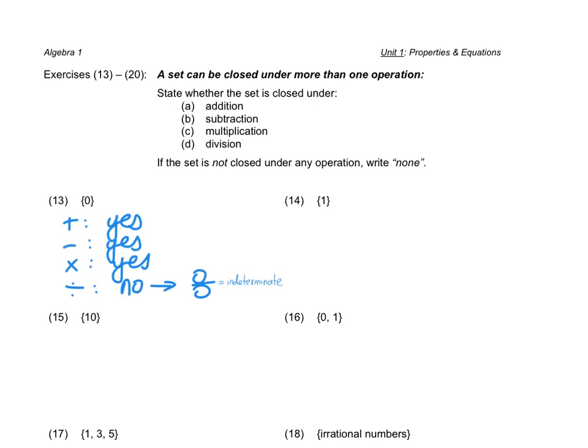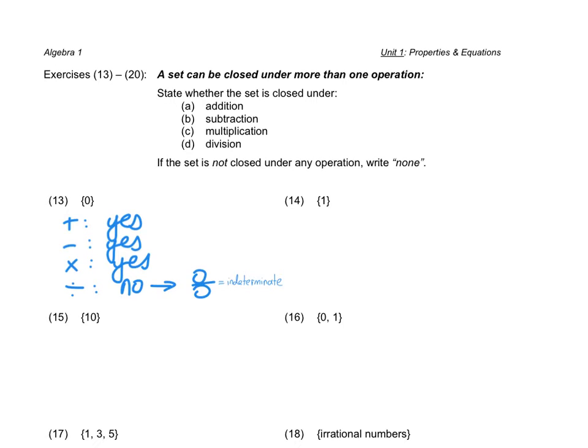All right, so let's actually just run through it before I start writing anything. The set of 1, closed under addition? No. Why? 1 plus 1 is 2. Subtraction? No. Multiplication? Yes. Division? Yes.